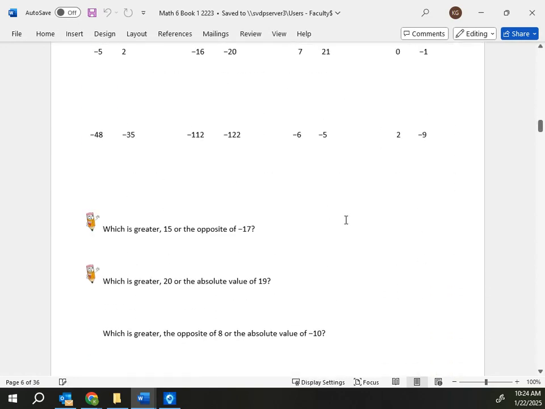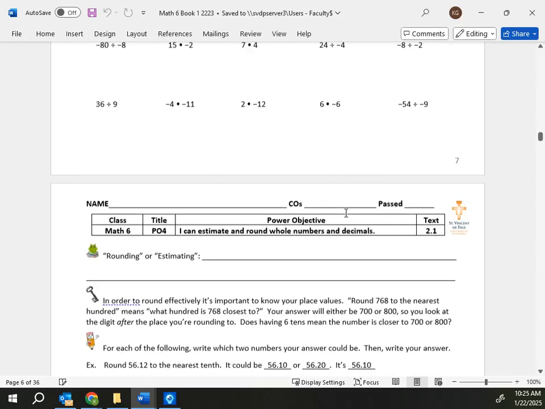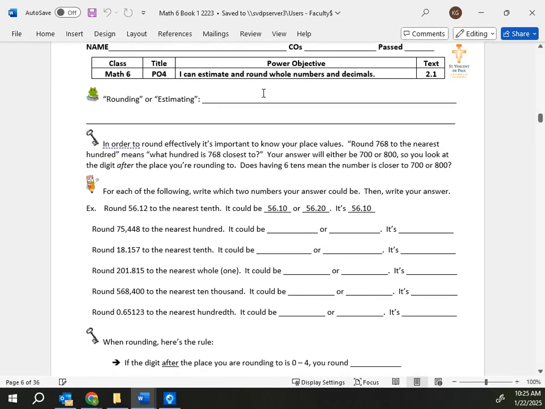So PO4, estimating, rounding whole numbers and decimals. So we need to remember our place values. What's the rule for rounding?